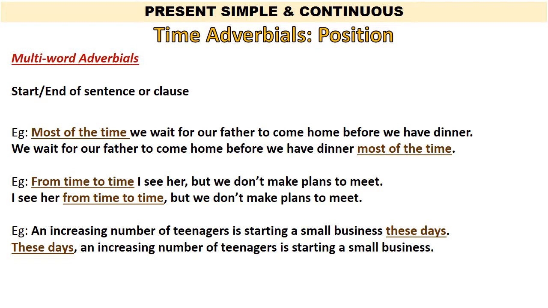Or, we wait for our father to come home before we have dinner most of the time, at the end of the sentence. Second example, from time to time I see her, beginning of the clause, but we don't make plans to meet. Or, I see her from time to time, but we don't make plans to meet.